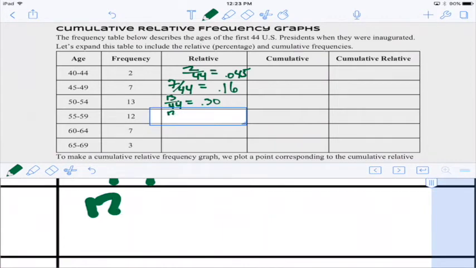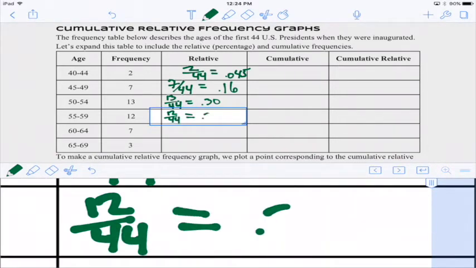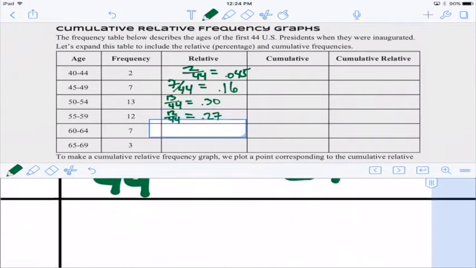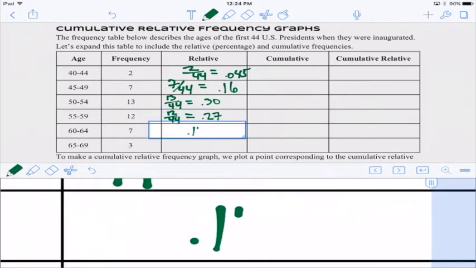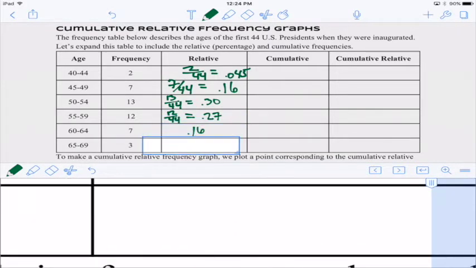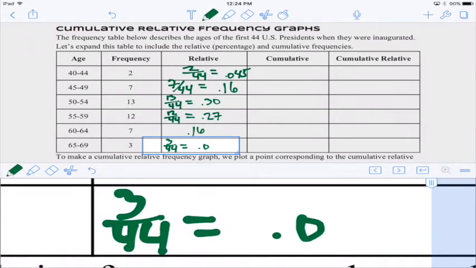This is 12 out of 44, which is 0.27. 7 out of 44 is 0.16. We had that from above. And 3 out of 44, 0.07. Now I rounded these a little bit, so it may not add exactly up to 1, but it should be about right.